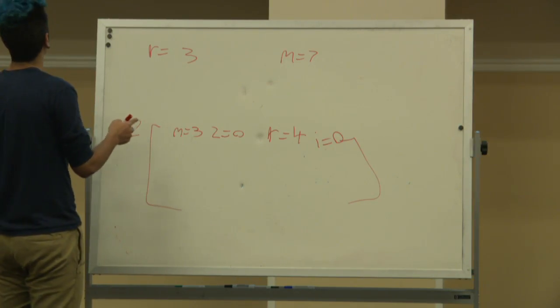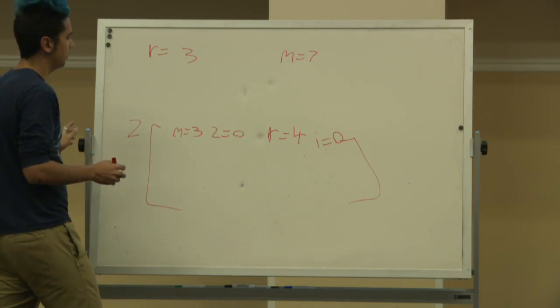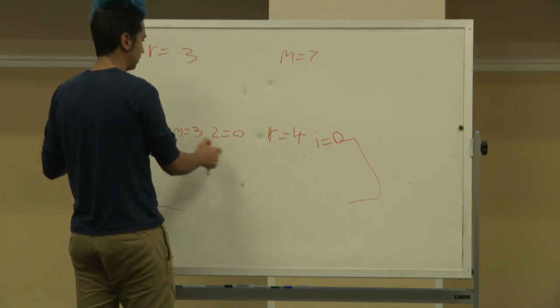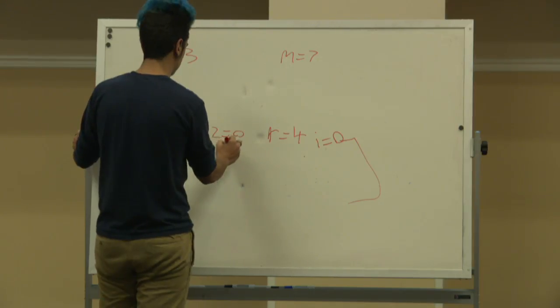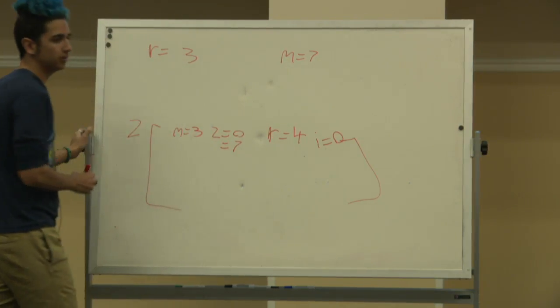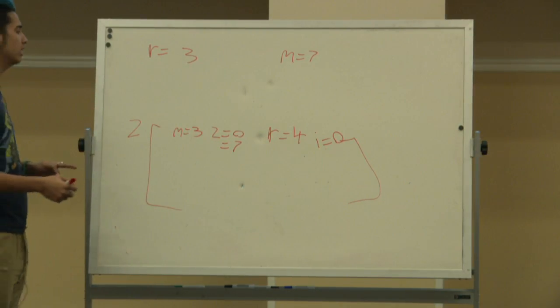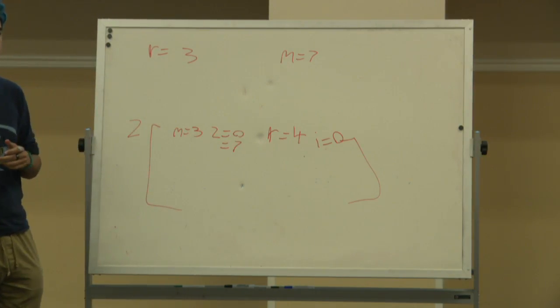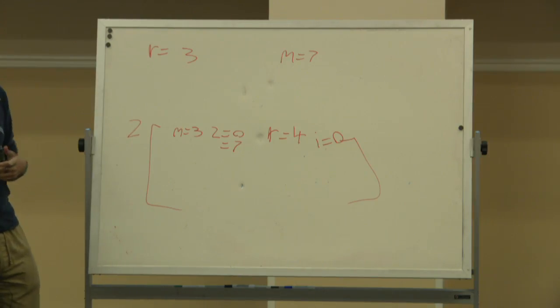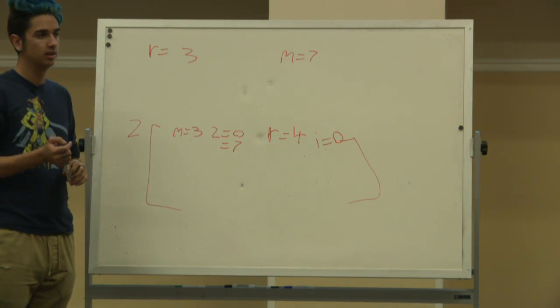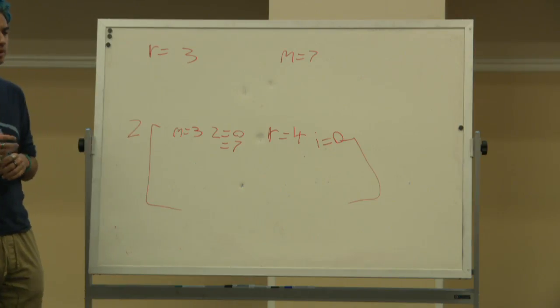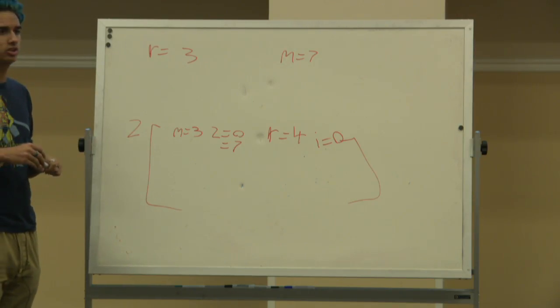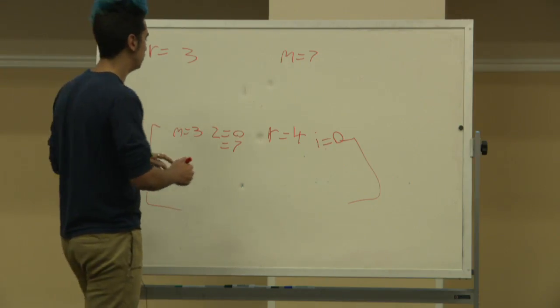So then Z plus equals M plus R. So M plus R is 7. And then right away, you know this loop is going to run 4 times. M and R aren't changing, so it's always going to be 7. So it's going to be 7 plus 7 plus 7 plus 7. Does everybody see that? Did anybody get tripped up on anything or was unsure of something? No? All right, cool.